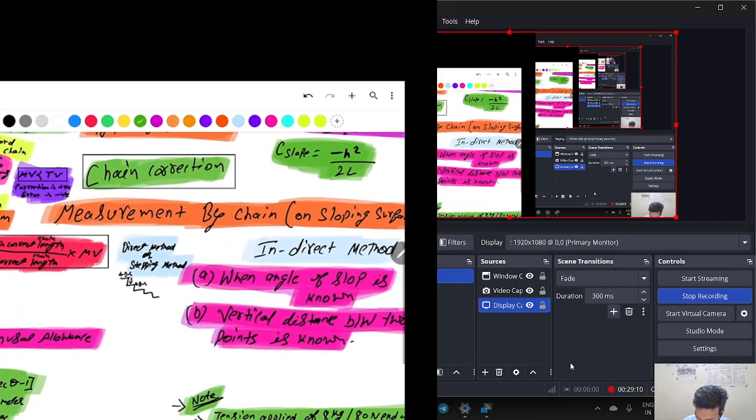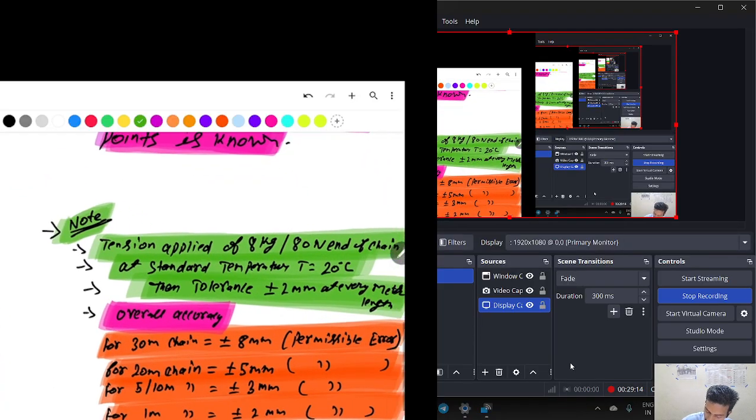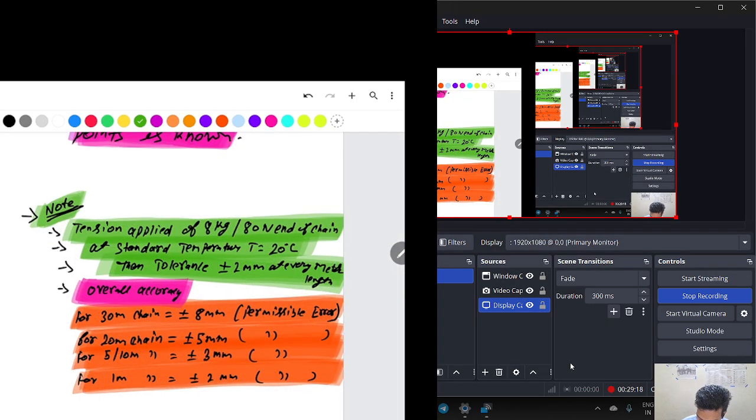Note, there is a tension applied of 8 kg, which is known as 80 Newton, at the end of the chain at a standard temperature T equal to 20 degrees Celsius, then tolerance is plus minus 2 mm at every meter length. Overall accuracy: for a 30-meter chain, there is a plus minus 8 mm permissible error.